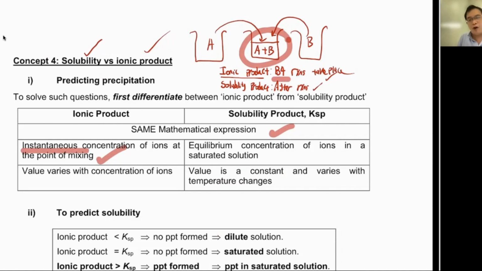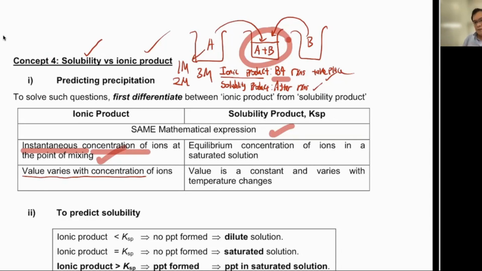At a specific point when they mix, what is the concentration of the ion? But you see, this concentration can vary because your A, I can use 1 mole per dm cube, I can use 2 mole per dm cube, I can use 3 mole per dm cube. You get the idea. The value is not fixed. That's why the value always varies with the concentration of ion. That is ionic product. Get the idea?